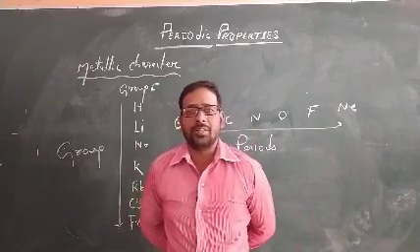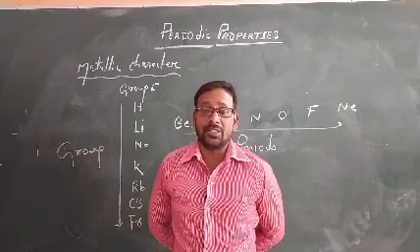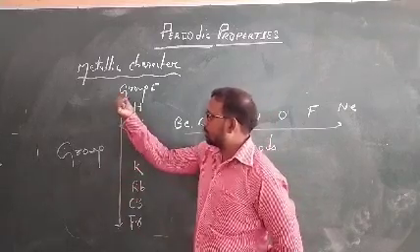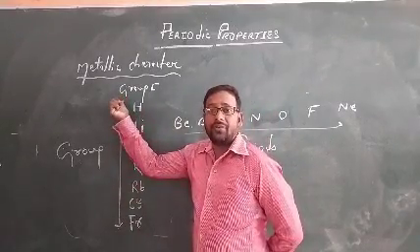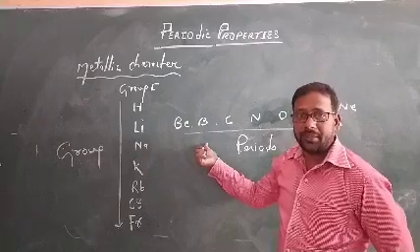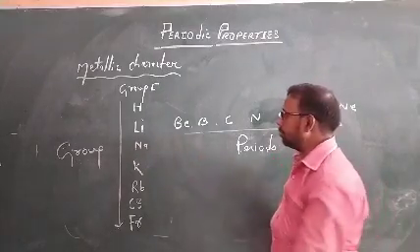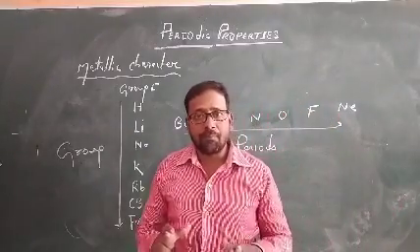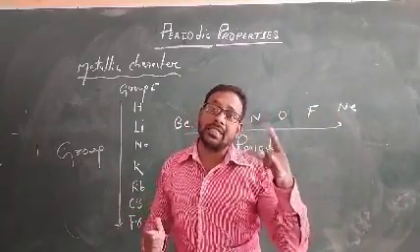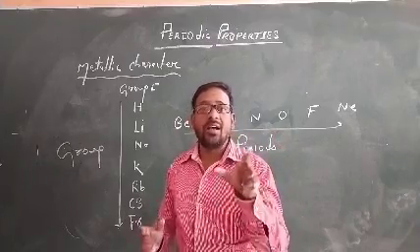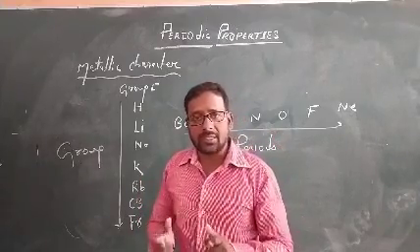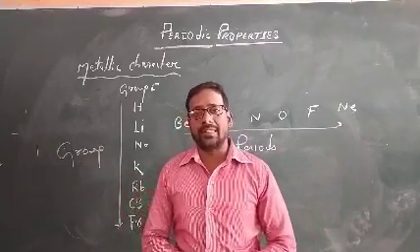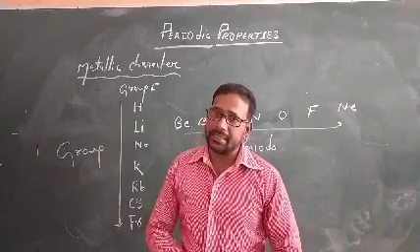In the previous lecture we were discussing the variation of atomic size when moving from top to bottom in a group, and the variation of size in a period. In a period we already discussed that when moving from left to right, they have the same shell, but nuclear charge increases, and because of the increasing nuclear charge, the outermost electron is pulled toward the nucleus, and then size decreases.